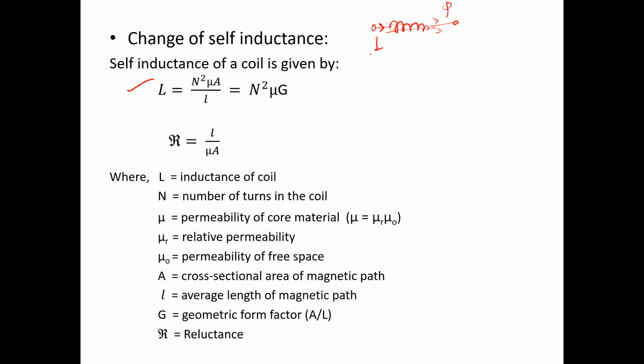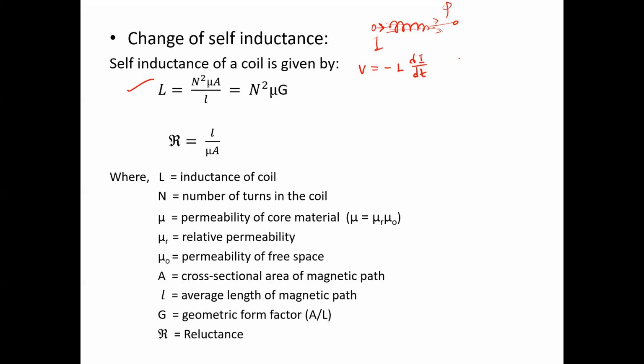Now for self-inductance, the voltage induced in the coil we can easily write in this form, which you all know: L di by dt, and the negative sign has to be included according to Lenz's law, because the induced voltage is going to oppose the rate of change of current.